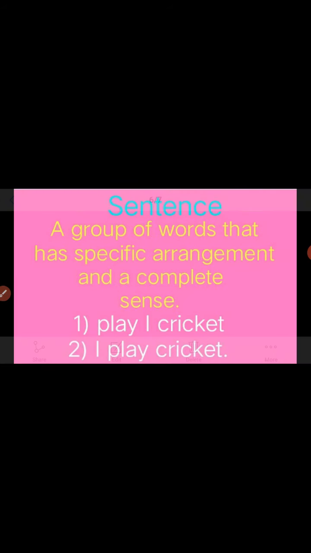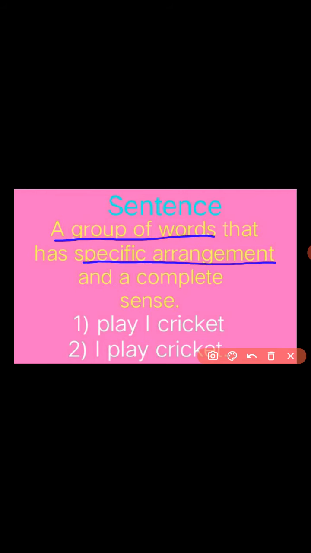Here I have used a simple definition of a sentence. A sentence can be defined in various ways, so here are some simple words I use to define it. What is it? A group of words that has a specific arrangement and a complete sense.